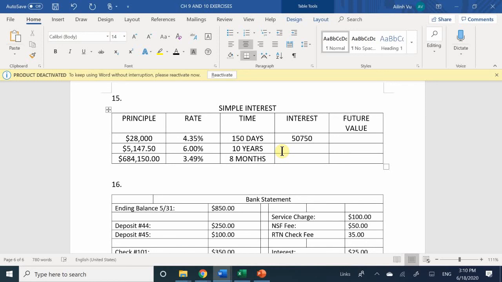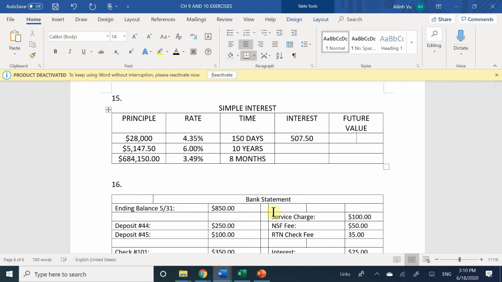No, that was right. 507.5 is correct. That is the interest that you are going to collect on top of the principal. So what is the future value of this problem?